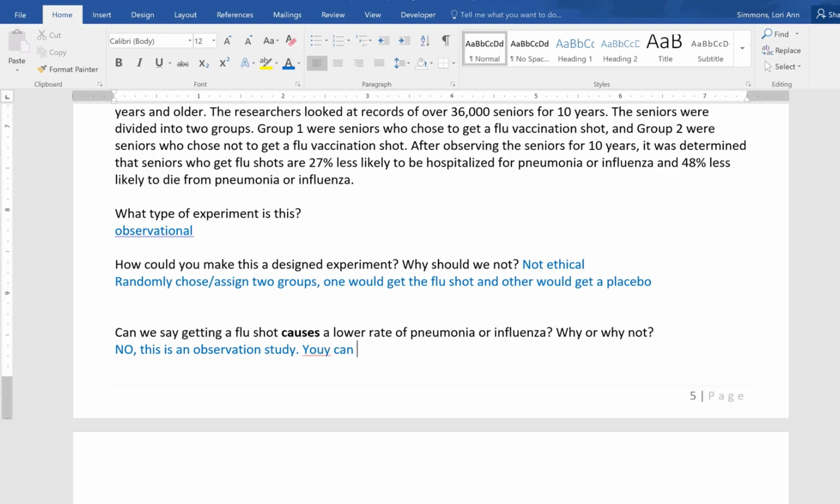You can only claim association, messing my words up today. So we can say the flu shot is associated with a lower rate of pneumonia or influenza.